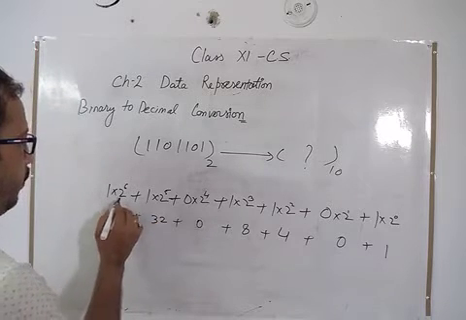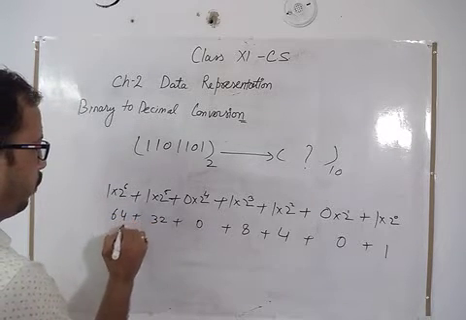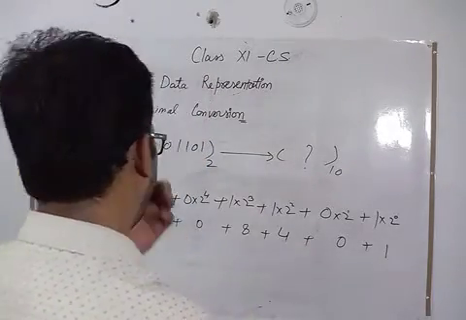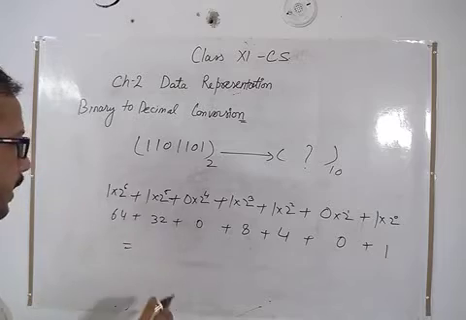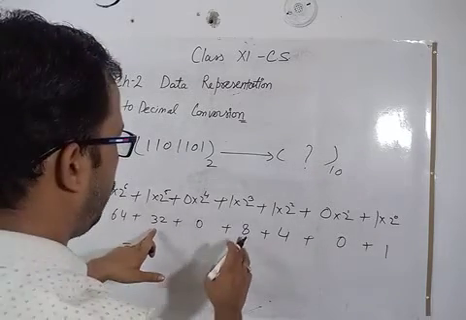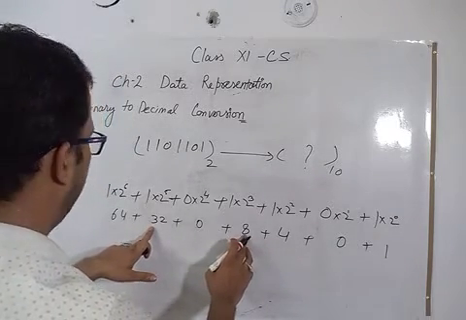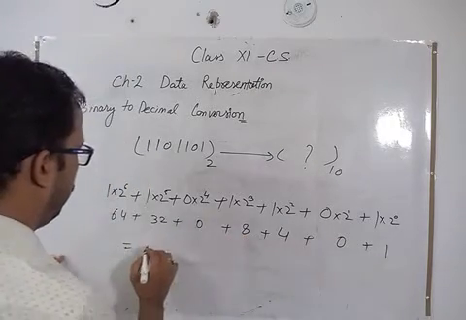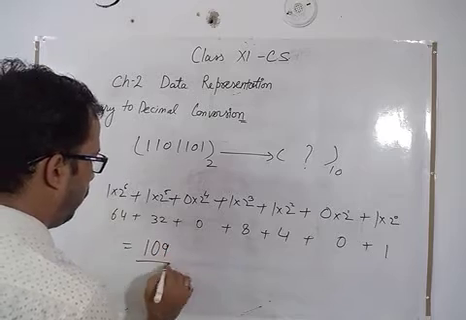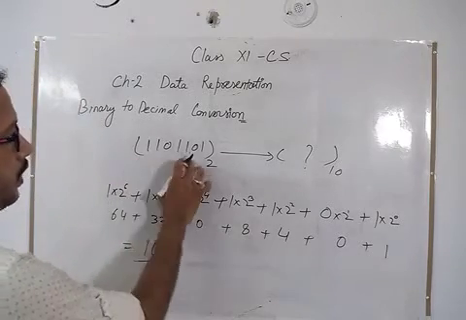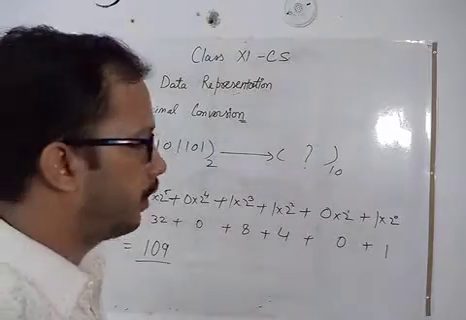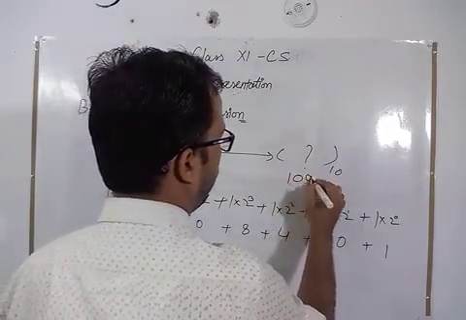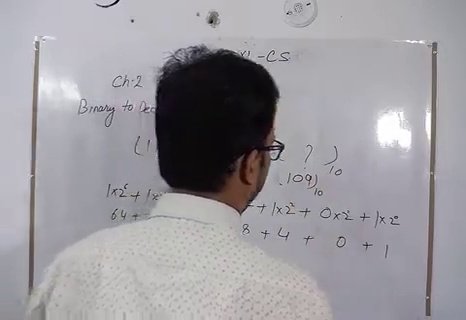Plus 64, into 1 is 64. Now we will add all these. On adding, we get 40, 104, 108 and 109. So we are getting 109. So this is the binary equivalent of a number which is 109, which we can say is 109 base 10.